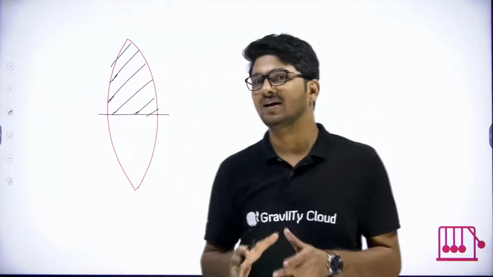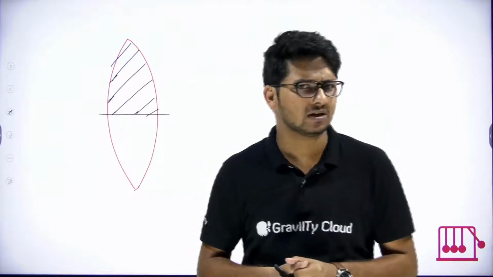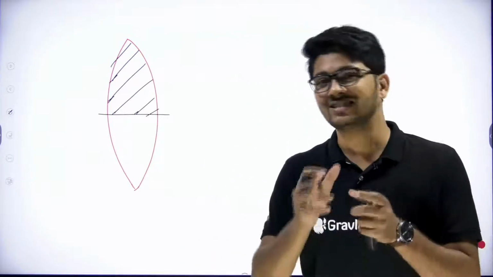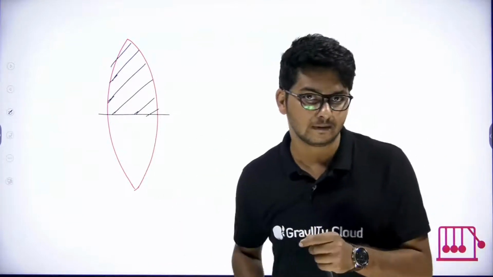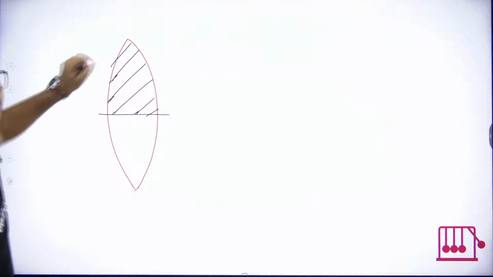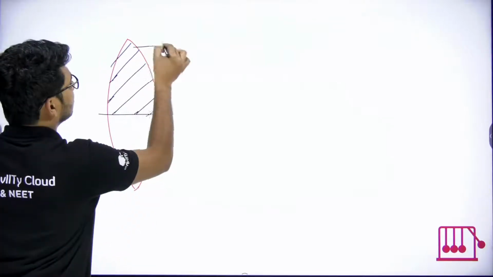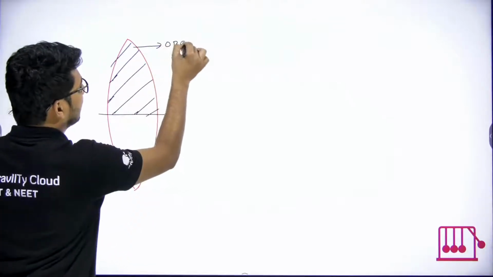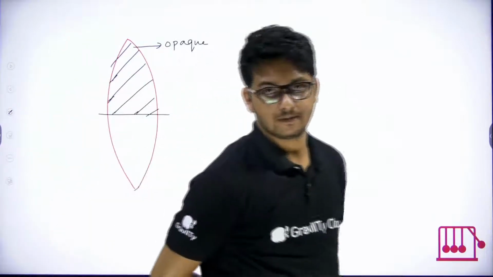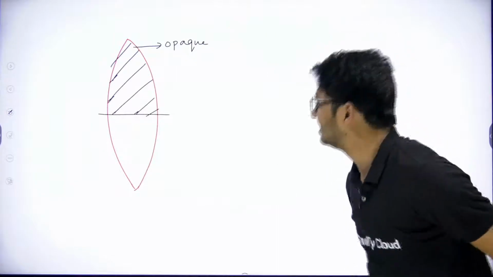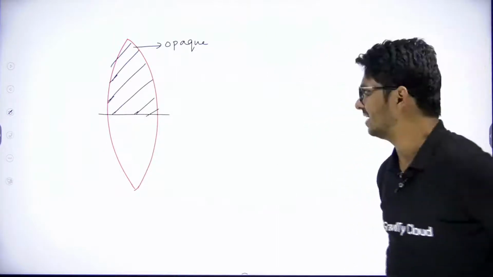Imagine this. Is a lens transparent or opaque? A lens allows light to pass through it, so it is transparent. But when I cover one half with a black paper, this part is now opaque. It will not allow light to pass through it. Understood? So that is the case that we have.